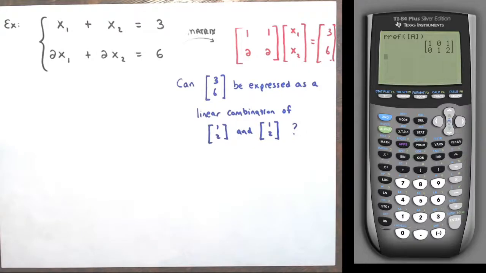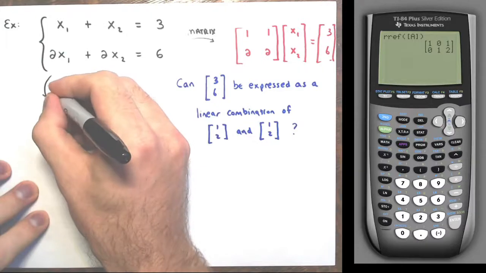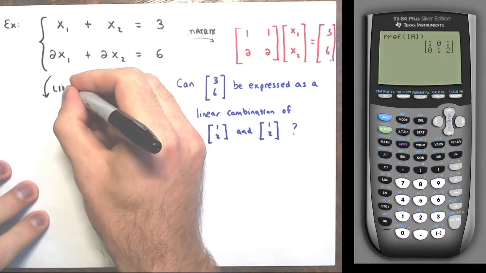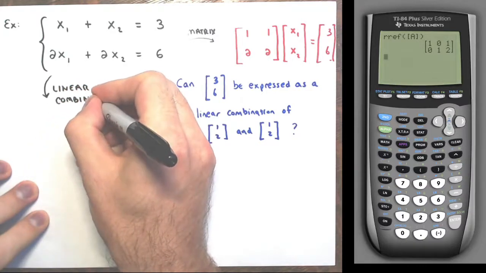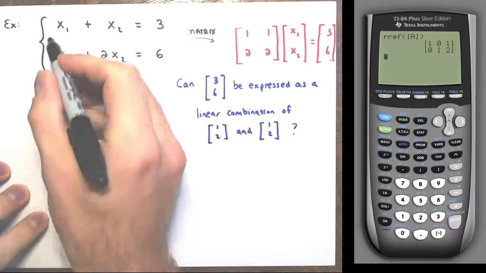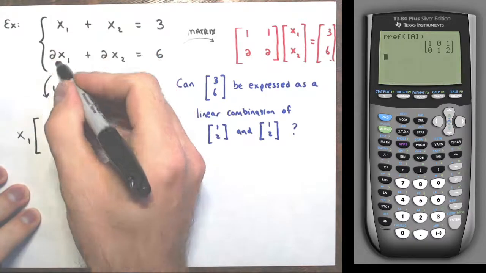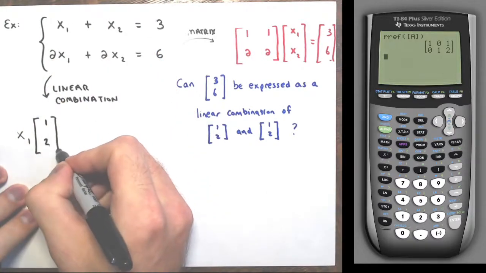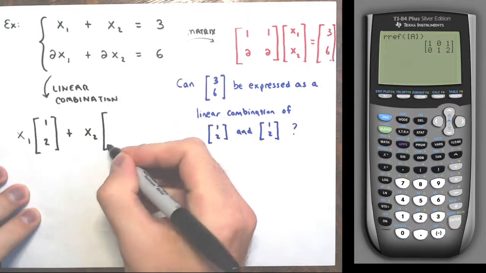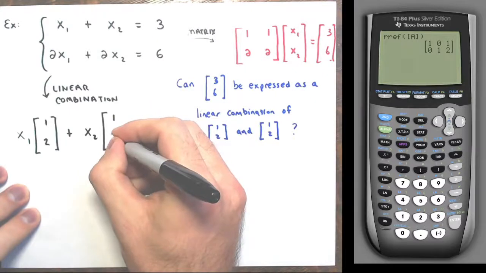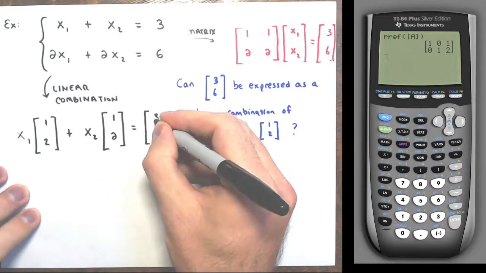All right, so if I write this like I did earlier as a linear combination instead of as a matrix equation, it would be x1 times the column vector with the coefficients of x1, right, 1, 2, plus x2 times the column vector with the coefficients of x2, which is 1, 2 again, equal to the column vector that's the constants, the 3, 6.